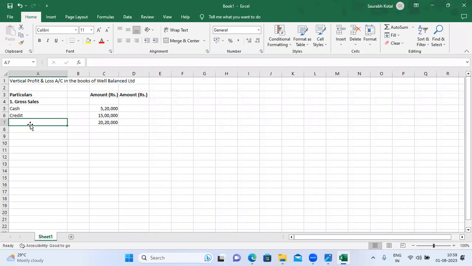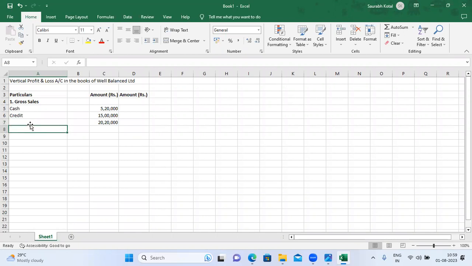Now we have 5,20,000 and we have 15 lakhs, so it is 20,20,000. That is the total amount of your gross sales. After the gross sales, what next as per the format?